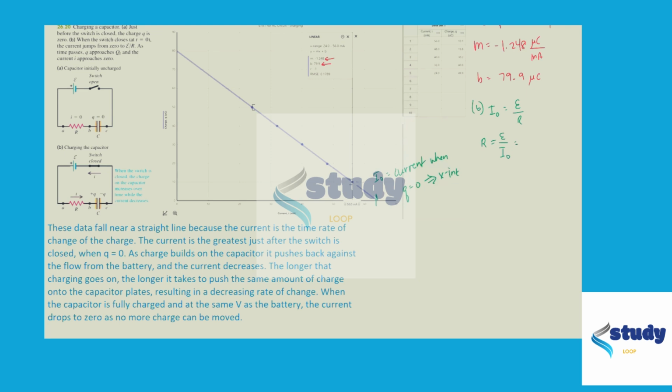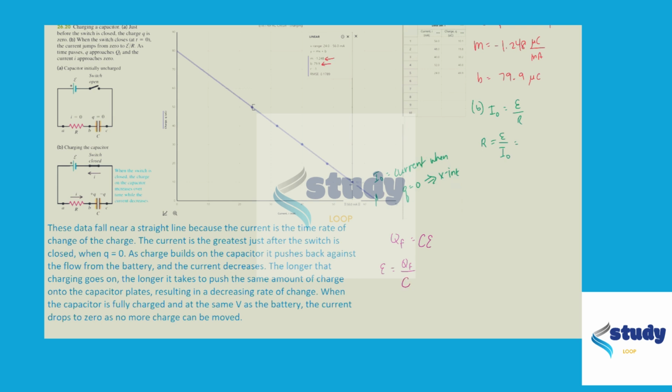Let's go ahead, how about purple, because I've already done a bunch of typing in blue. Here's where we can look at the fact that our Q final, our final amount of charge, is going to be equal to the capacitance times the EMF of the battery. So we can find the EMF of the battery with the final charge divided by the capacitance.